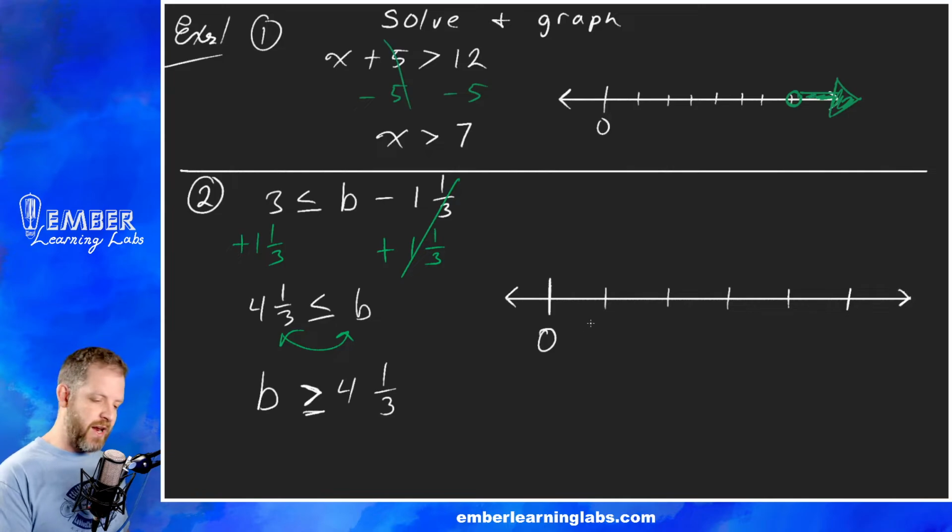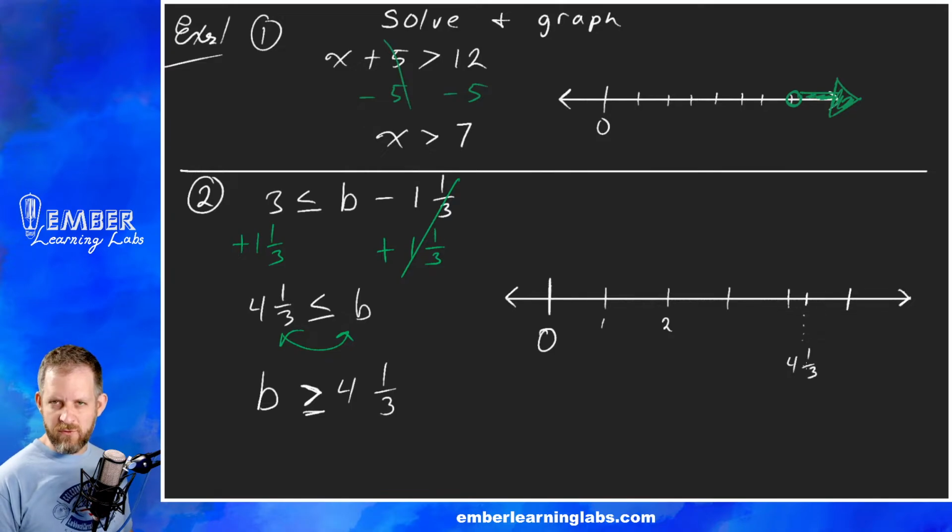And since we're going to have some shenanigans, I'm going to label a couple of them so that we can see clearly what they are. And then I'm going to put another mark. When I'm in between, I like to dot down and say this is 4 1/3, right? That's the way I do it.